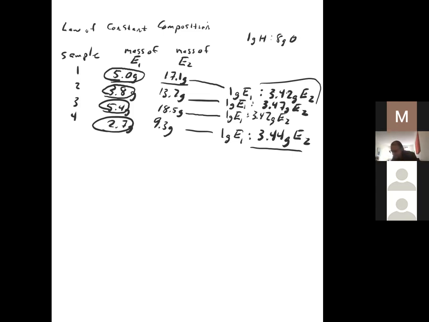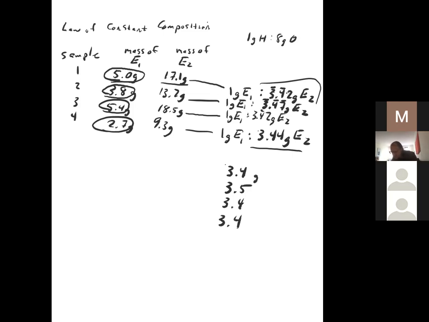So if you take your 3.42, so I'm doing the first one, and you round it to 2 digits, you would have 3.4. If you do the second one, 3.47, you round that to 2, you get 3.5. If you take the third one and you round that to 2, you get 3.4. And you take the fourth one, you round that to 2, you get 3.4.